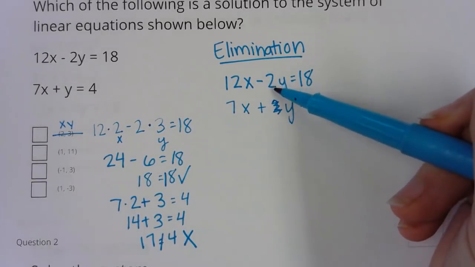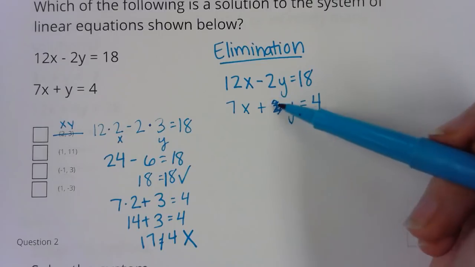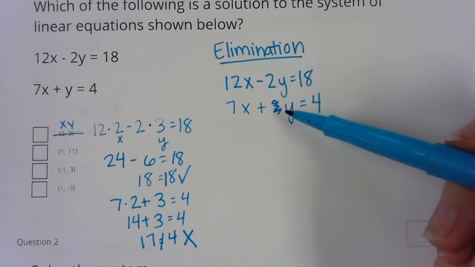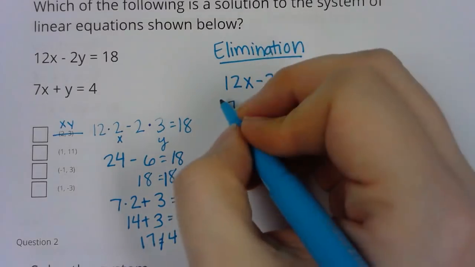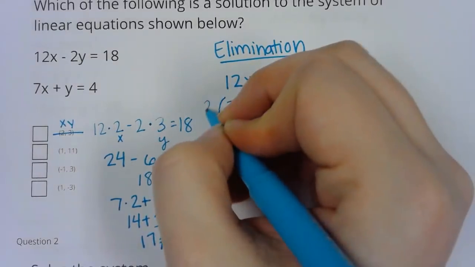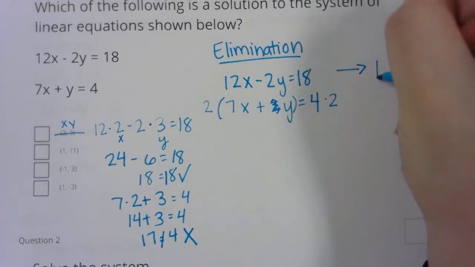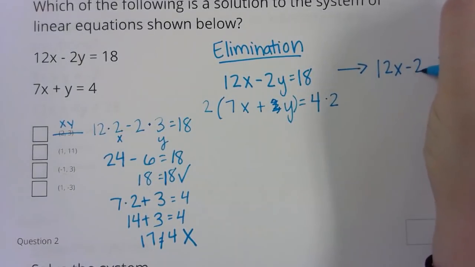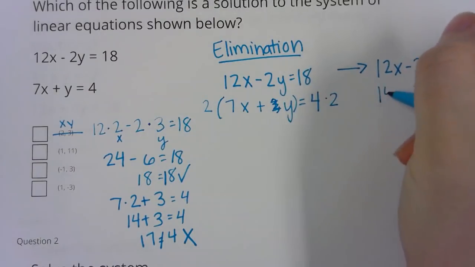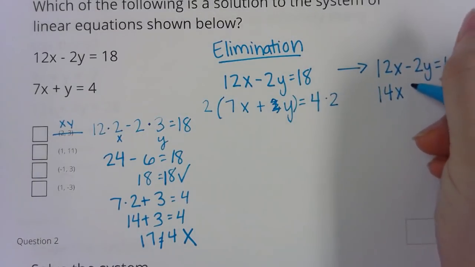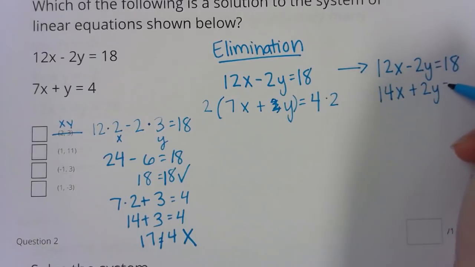Because I have a negative 2, I could easily make this, which has a coefficient of 1, a positive 2 by multiplying my second equation by 2. So my equations are then 12x minus 2y equals 18, and 14x plus 2y equals 8.